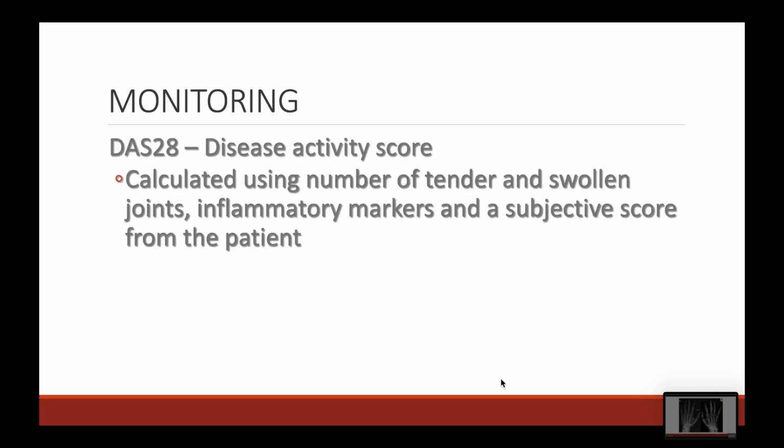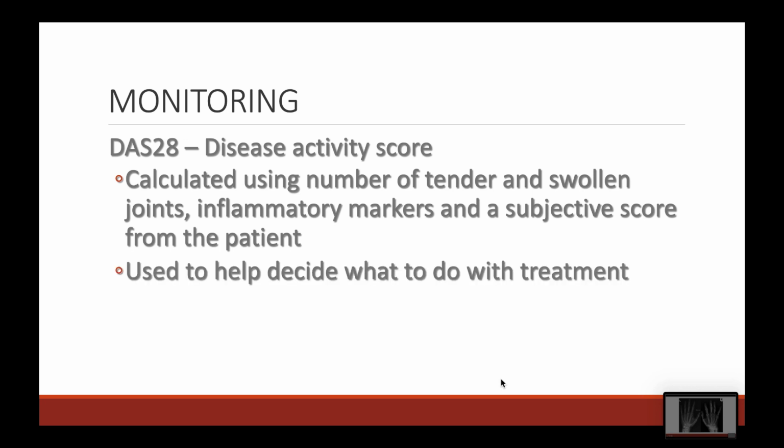So, how do you monitor rheumatoid arthritis? You would want to do a score called the Disease Activity Score, or DAS-28. It looks at how many tender or swollen joints you have, as well as inflammatory markers, and then you get a subjective score for each patient.